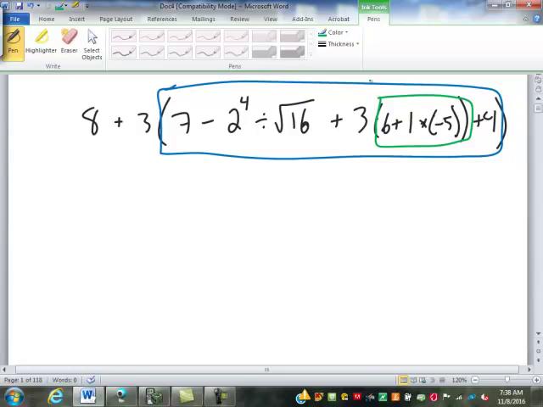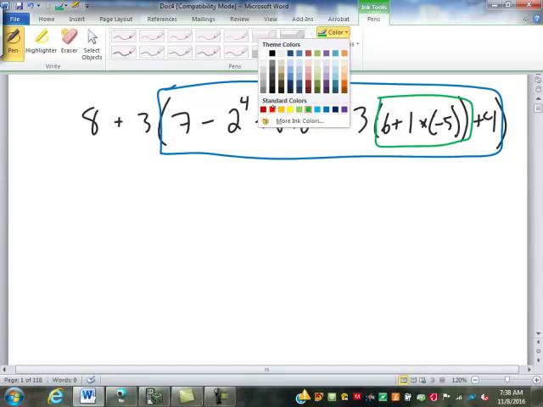Inside there we see parentheses, but is that parentheses an enclosing symbol? Is there anything to do inside of it? In this case, it's not. All it is doing is separating the negative 5. I'm saying that's a negative 5, not minus 5. So we're working inside the green box.